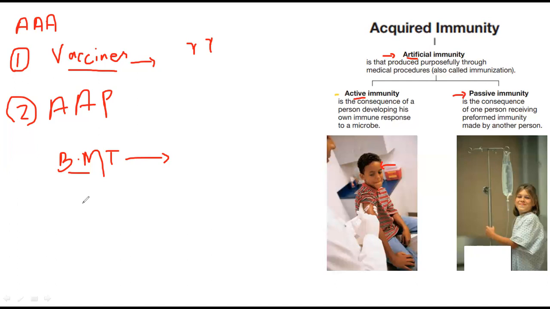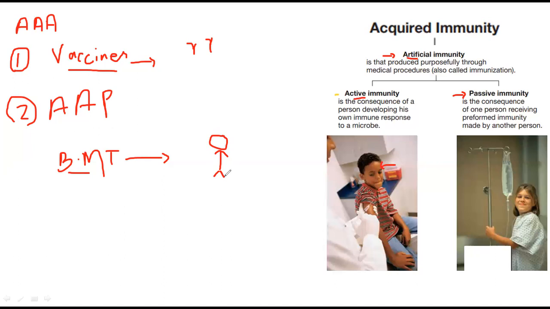The other example is the antibodies or the antitoxins of Clostridium botulinum. I think botulinum is pronounced like this. So for example, a person is experiencing food poisoning caused by Clostridium botulinum. The food poisoning of Clostridium botulinum is quite fatal, and the person needs immediate recovery.